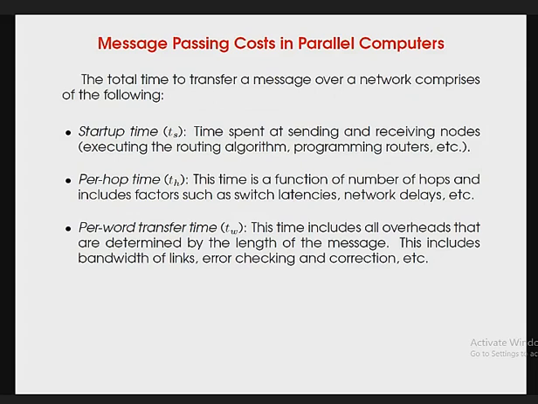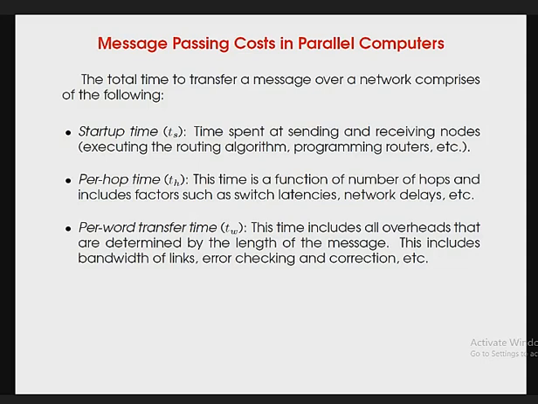Because you want to send your message from source to destination, how much time it takes to reach the destination is the latency of your network. Actually we consider the communication cost to be nothing but the latency, how long it takes for your message to reach.